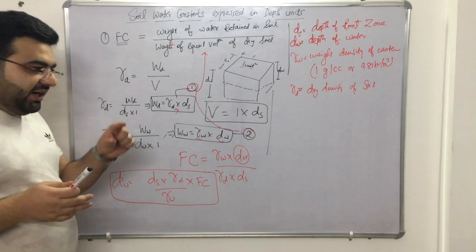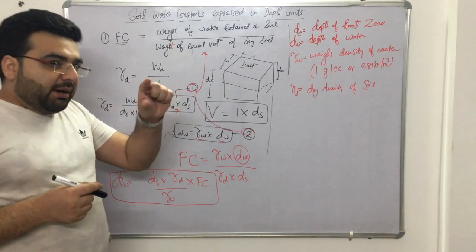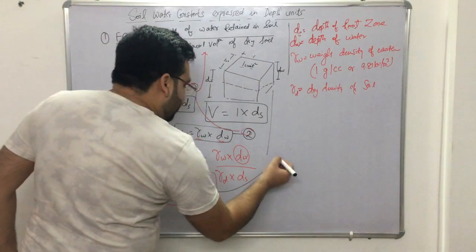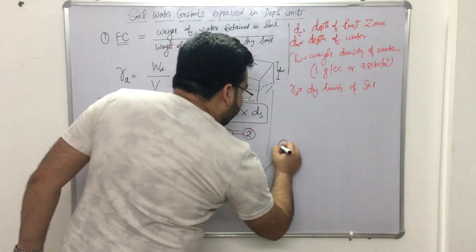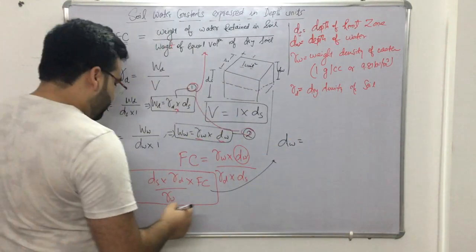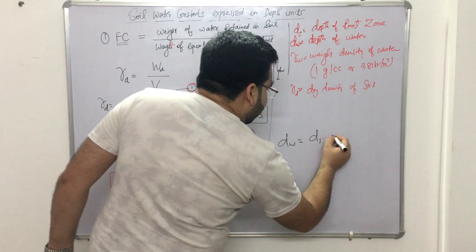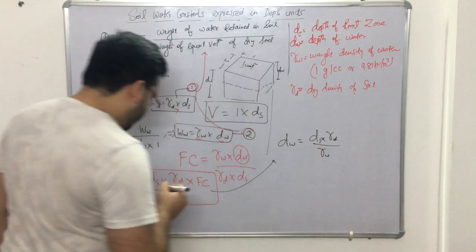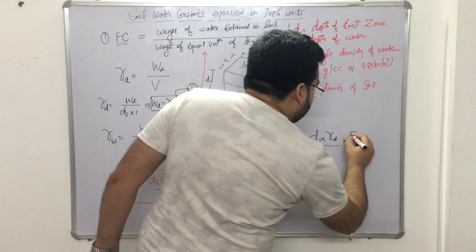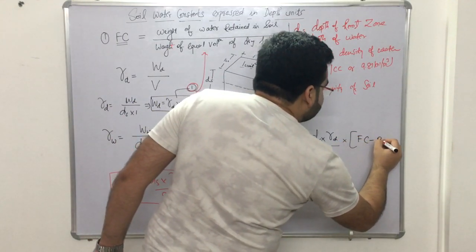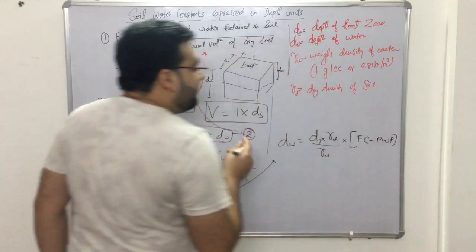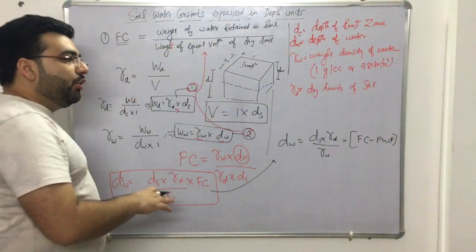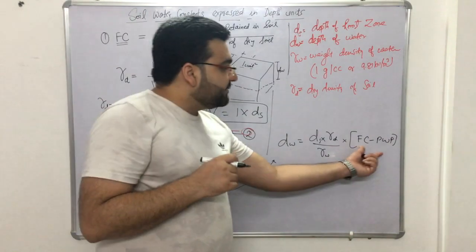So if in the question the permanent wilting point is mentioned, this formula actually becomes dw will be equal to ds into gamma d divided by gamma w, into field capacity minus permanent wilting point. It means that we are taking the lower limit as the permanent wilting point, then this becomes the formula.